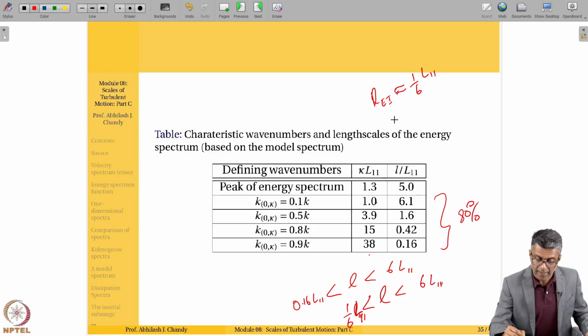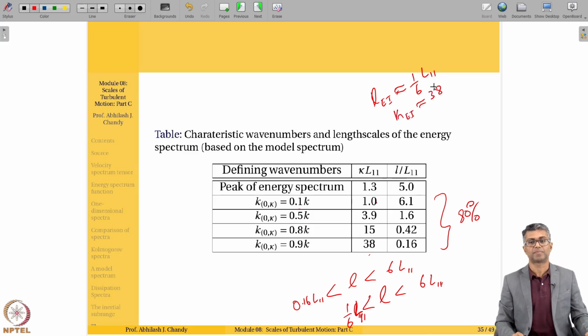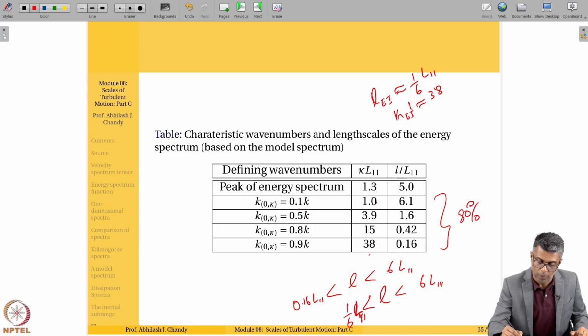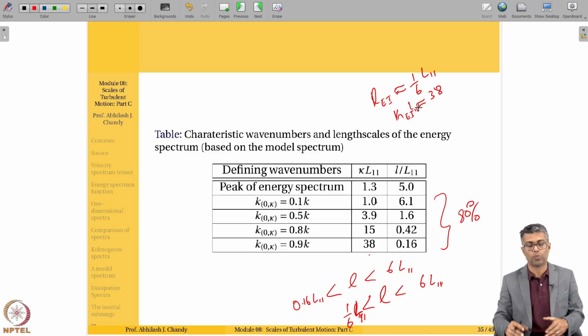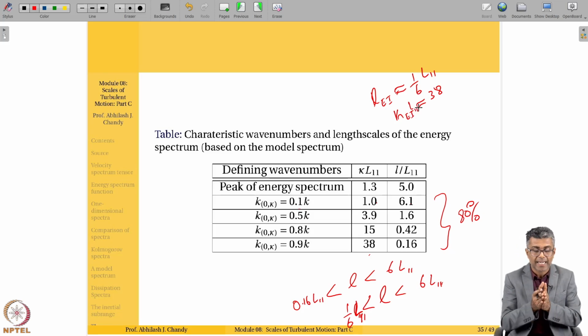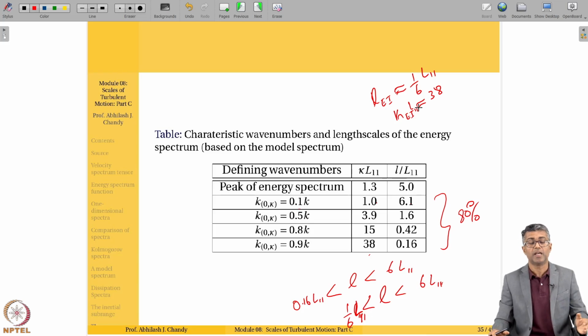And kappa EI L11 is approximately equal to 38. So that is the energy demarcation length scale. It is at that point that the universal equilibrium range starts. Below that in terms of Reynolds numbers, and above that in terms of length scale, is the energy containing range.